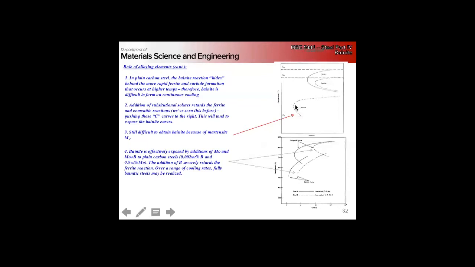But we can push Bainite to the left with molybdenum and boron, right? Remember, boron is going to retard the ferrite reaction, oddly enough, by giving us a grain boundary layer of ferrite that makes it difficult to nucleate pearlite.